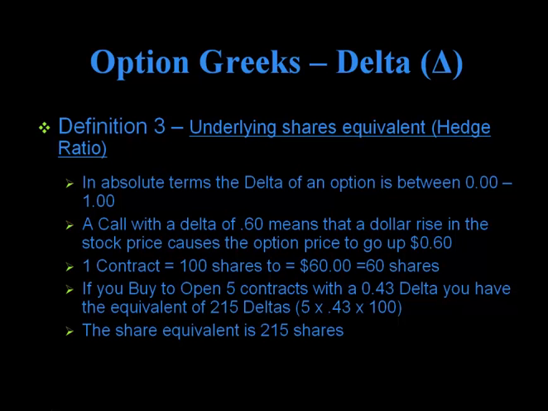So you use delta to determine, well, gee, I own 5 option contracts with a delta of 0.43. What's the equivalent amount of shares I would have to own to have the same profit and loss diagram or similar to it? And the answer is 215 shares.